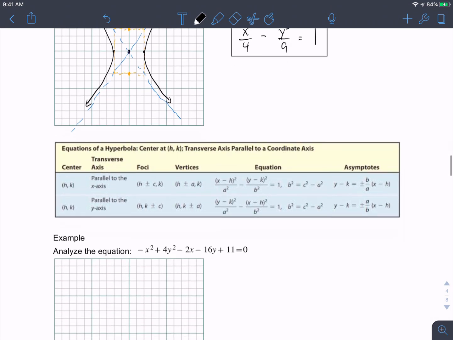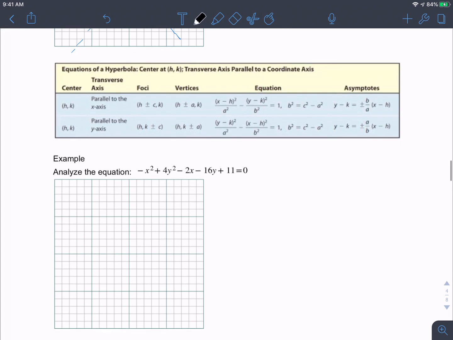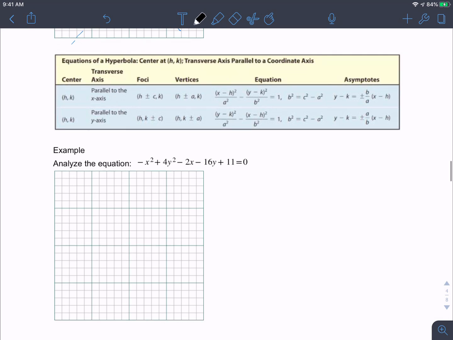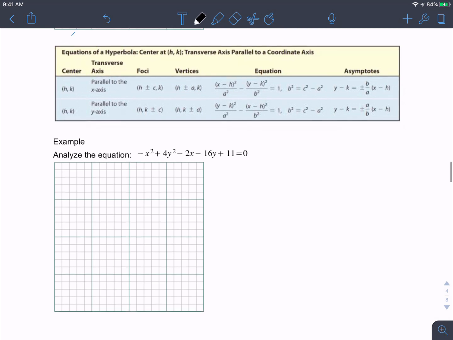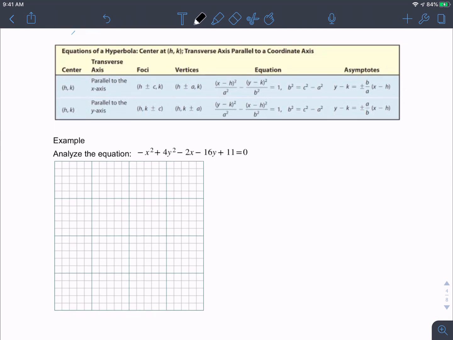Okay. When we don't have the center at the origin, and we have some manipulations, here's how we do it. Let me go ahead and show you with this example. And again, it's going to be a completing the square issue.